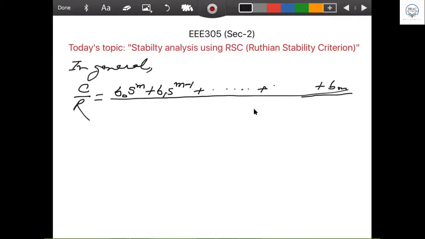The term before it will be b(m minus 1) s to the power 1, and the earlier one s squared and s to the power m minus 2, like that.